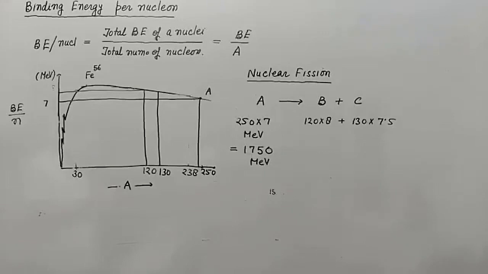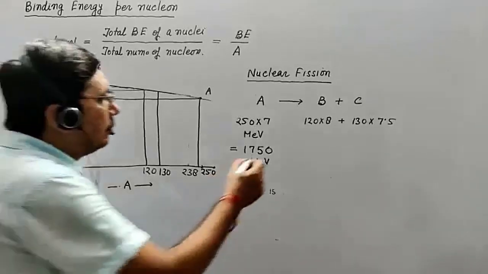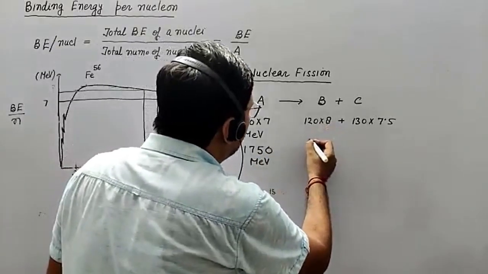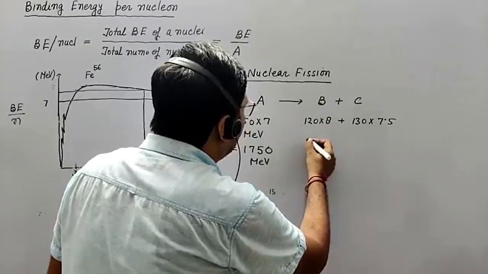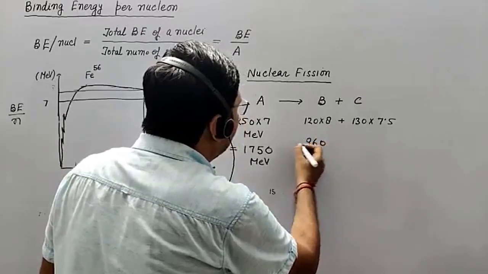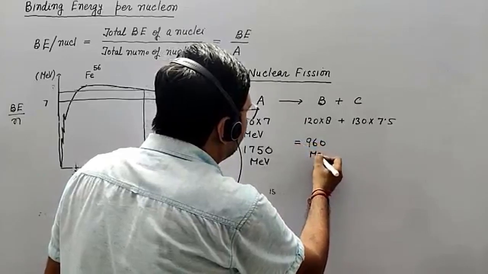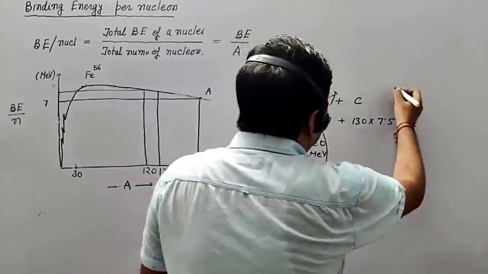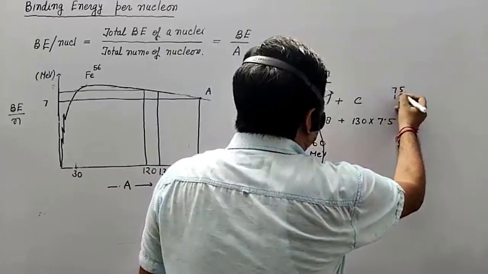Please calculate, how much will it be? So this will be 960 MeV. And this will be 975, that is 130 into 7.5.